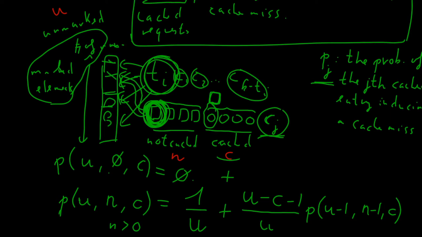Now this happens with a probability of C over U times, and in that case I will have one less cache slot than I had previously, but the number of new elements remains the same because I lost one box and a new box emerged. So it will be not cached at that point, and the number of cached elements will be one less.